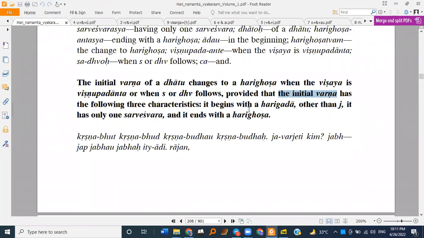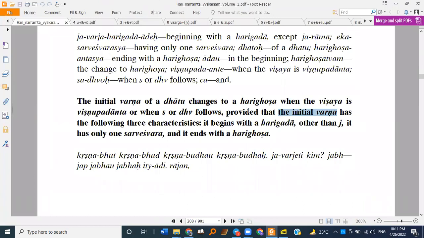Prabhu, I think it's kind of a related question, but the Vishaya is Vishnu Padanta. So I'm just confused between the Vishaya and Paranimitta. Maybe you could help me. Vishaya is a sphere of application where that particular rule could be applied. And Paranimitta is that which, if some subsequent varna follows, causes a rule to be applied.